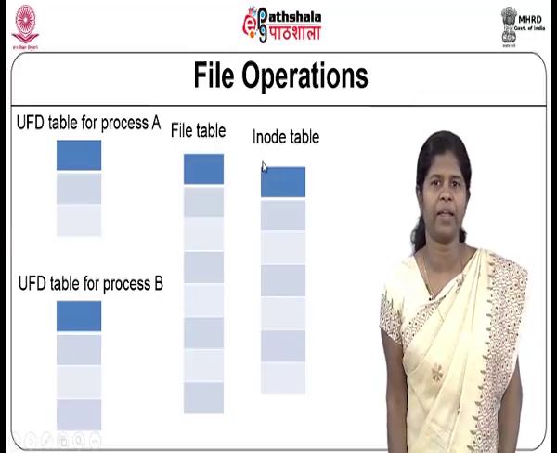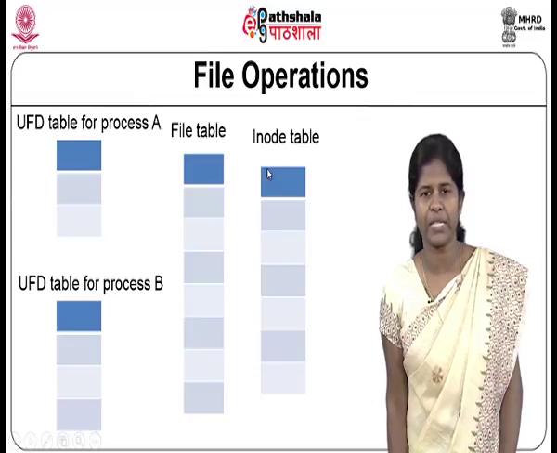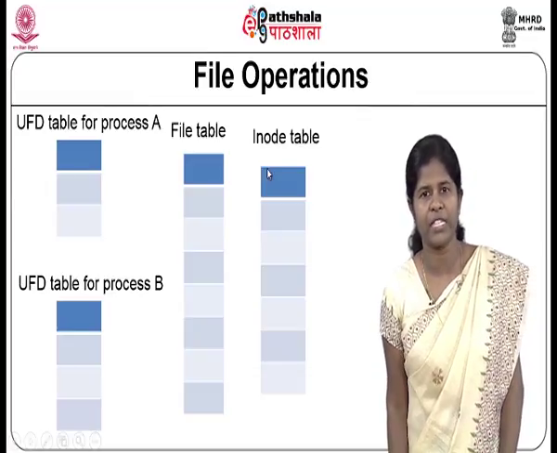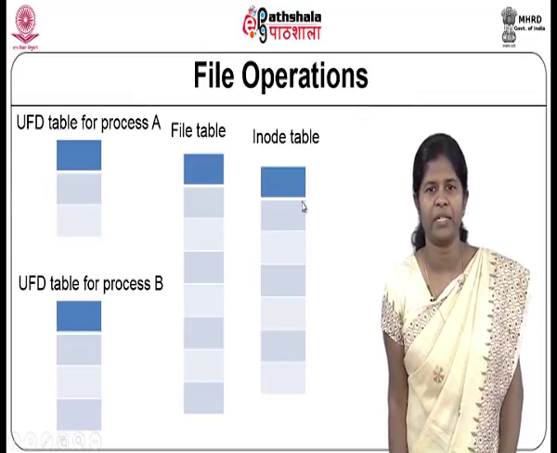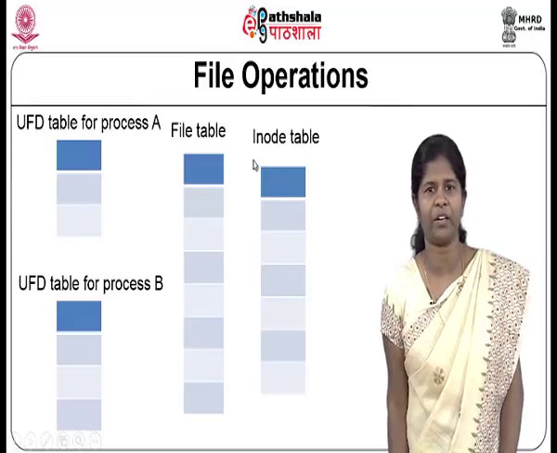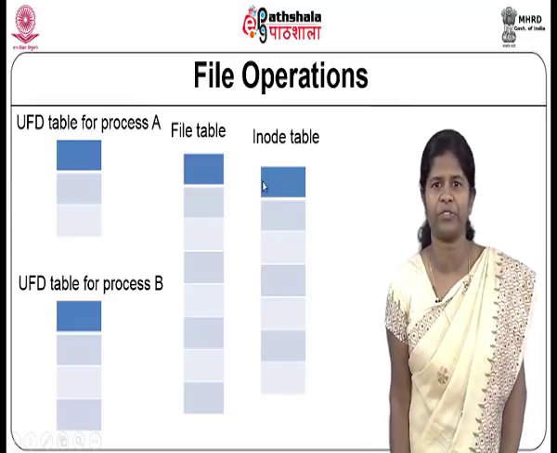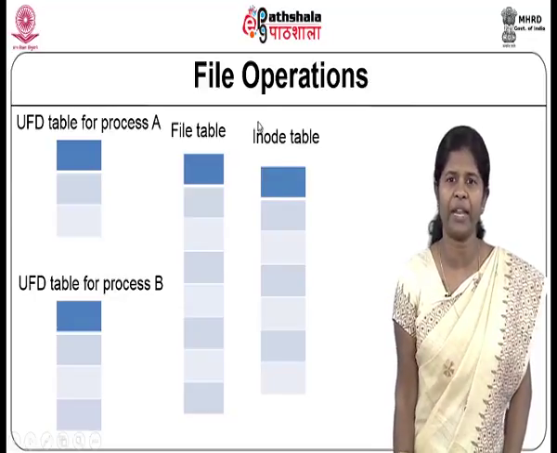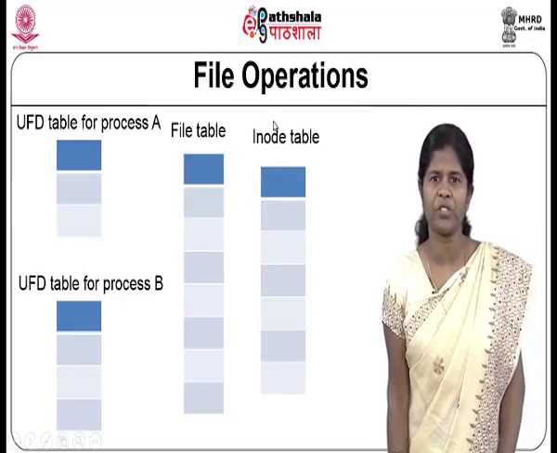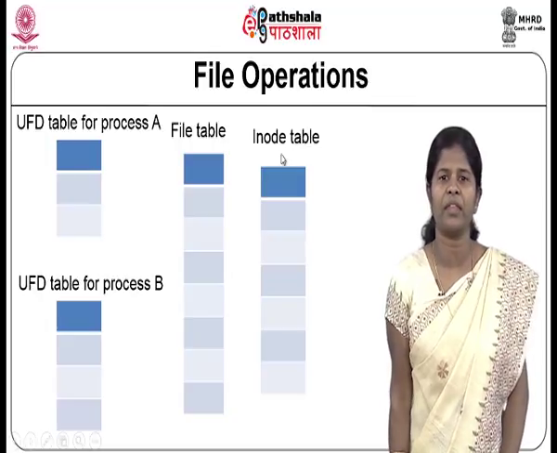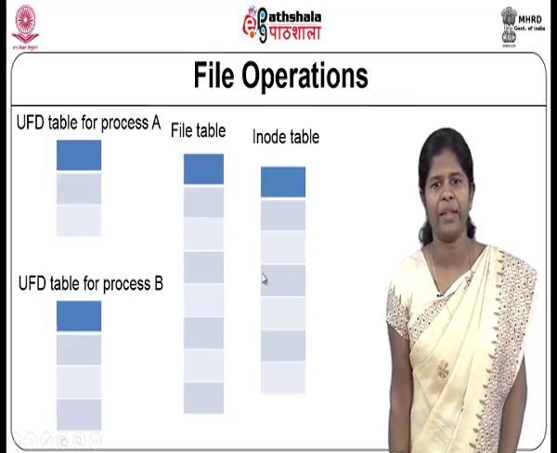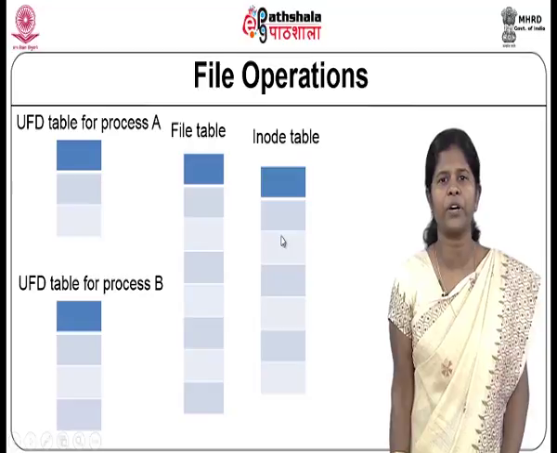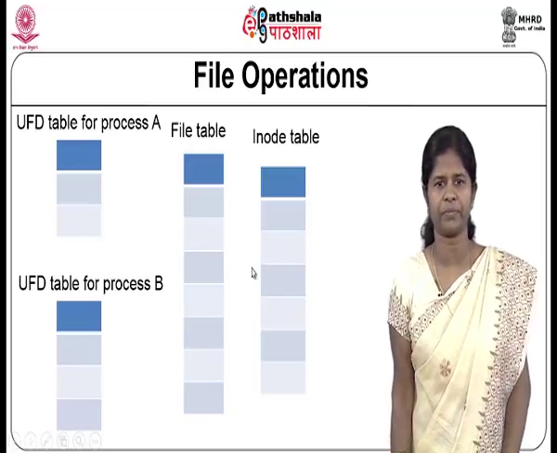The details will be like the owner of the file, the size of the file, the access permissions for that file, the time of access for that particular file, and so on. Information about the attributes of the file is maintained in this inode. And there is an inode table corresponding to each and every inode.